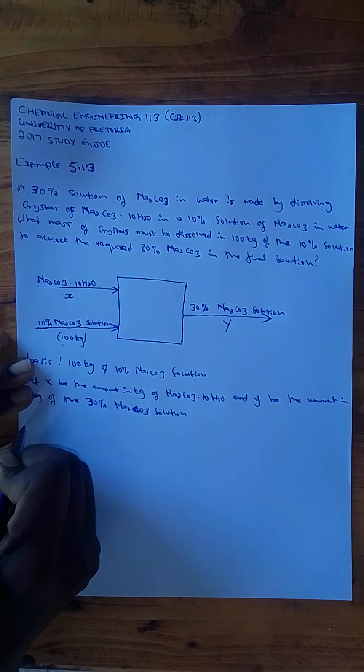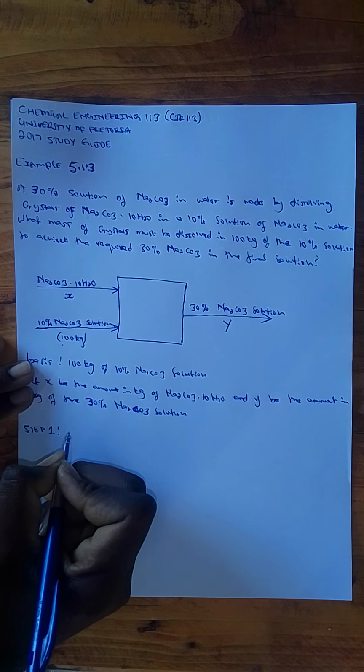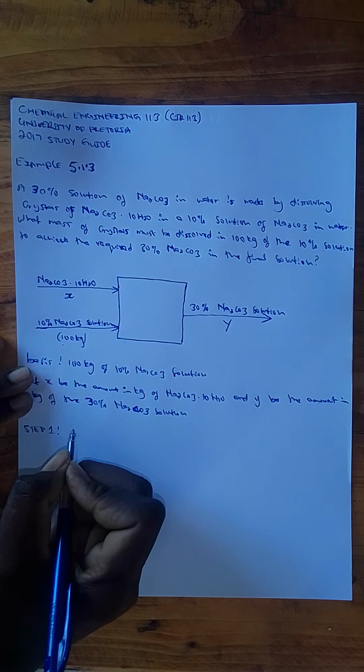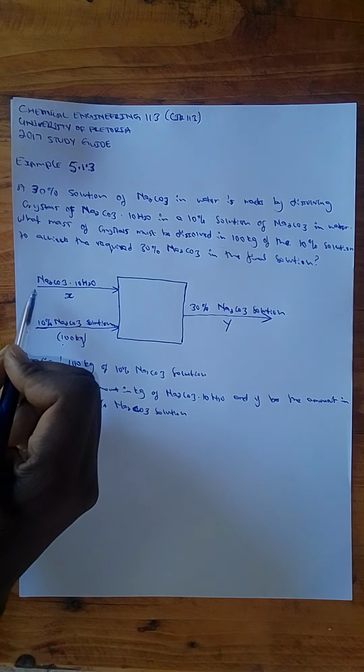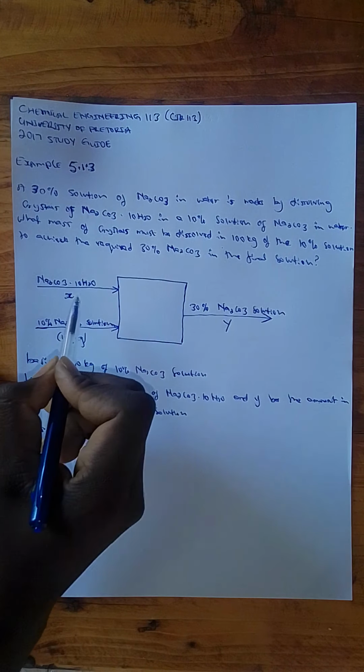So our step one would be: we need to calculate the mass fractions of both Na2CO3 and H2O in this stream here.